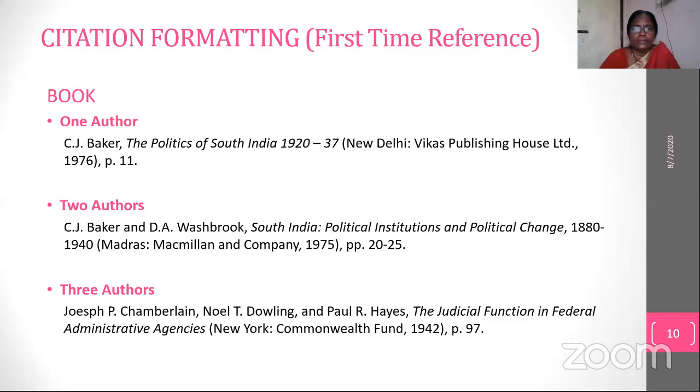And then an ordinary bracket, not a square bracket. New Delhi, colon, and then details about the publication, and then the year of publishing. Again we close the bracket, and then a comma, and then small p, dot, and then the page number, and then a full stop.